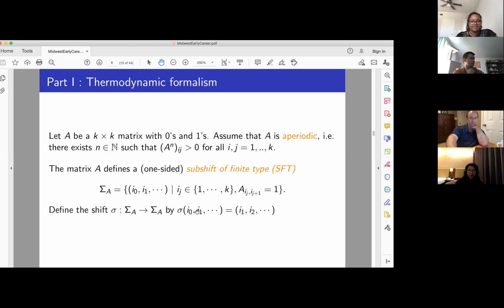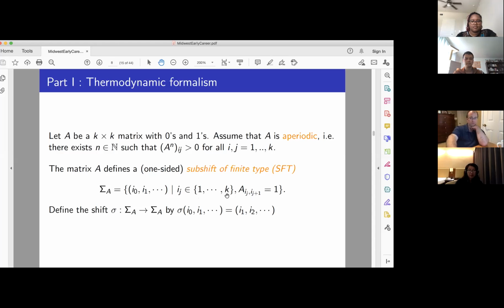which I denote by sigma sub A. This is basically the space of sequences. One sequence is denoted by i sub 0, i sub 1, i sub 2, and so on, where each i sub j is an element from 1, 2, 3, 4 to k, where k is the k in the K by K matrix.